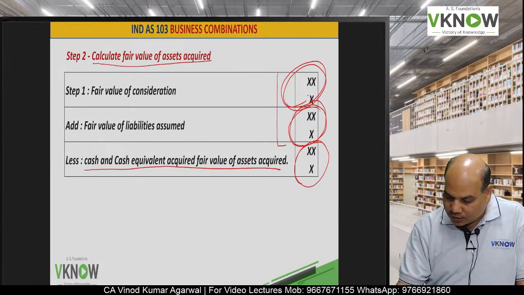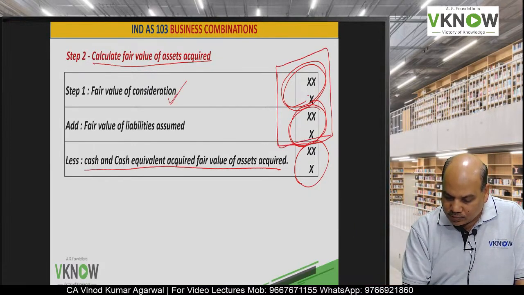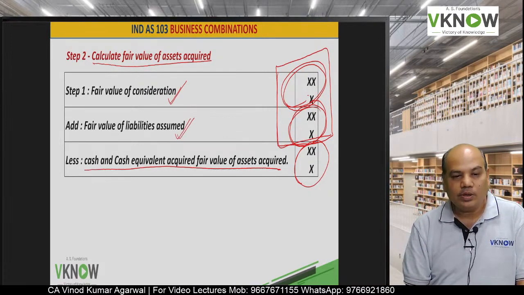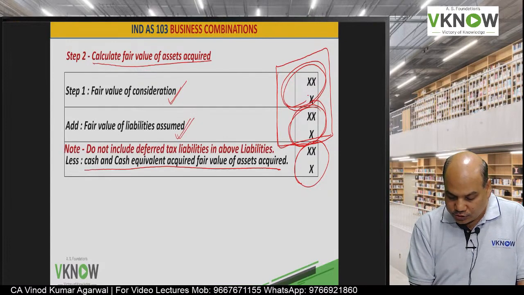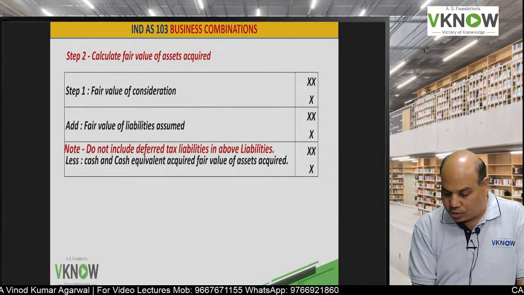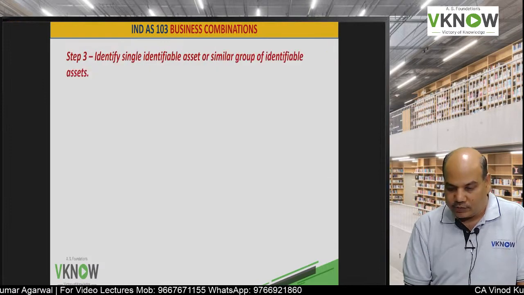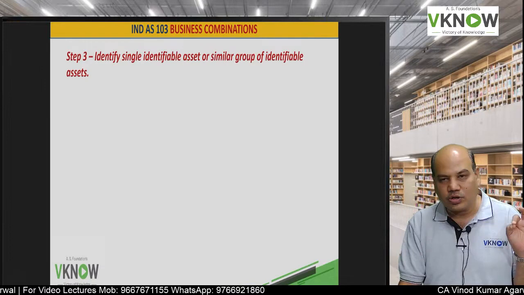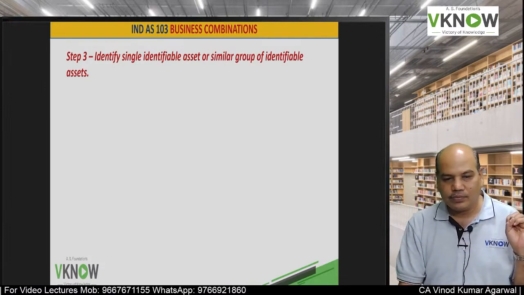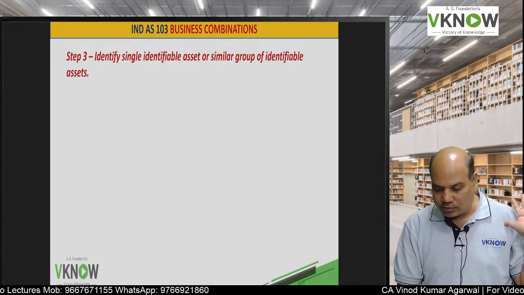So this is the fair value of the asset acquired: what you paid plus also the liabilities that you assumed, minus any cash. Now just note down that you do not include deferred tax liability in the above liabilities. In the liabilities, deferred tax liability will not be considered because that is only a book entry. That is not a liability actually payable to the government.